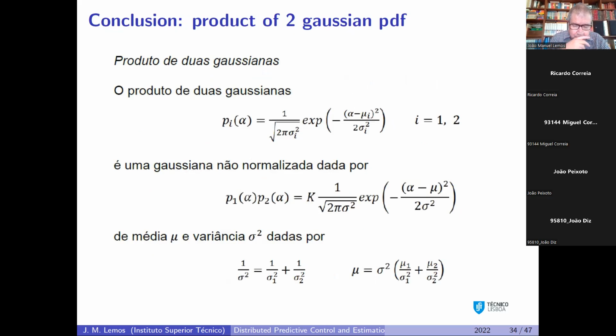So what is the point here? When we have a linear system with white noise, suppose that the noise has a Gaussian distribution. Then all the variables will have a probability density function.